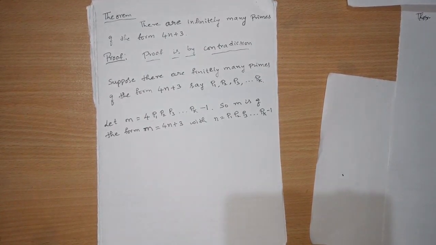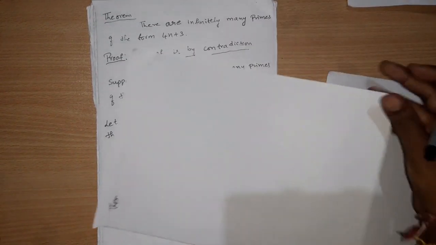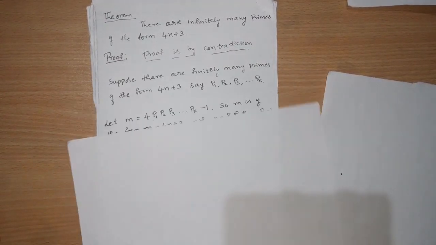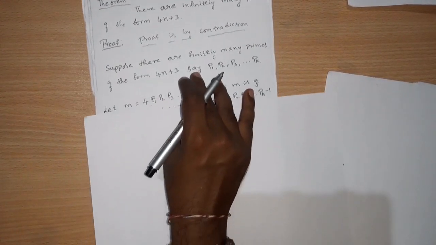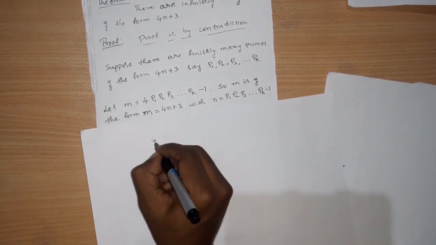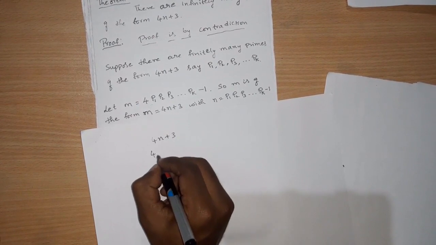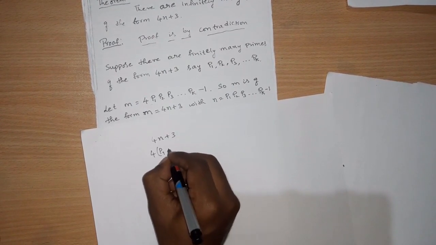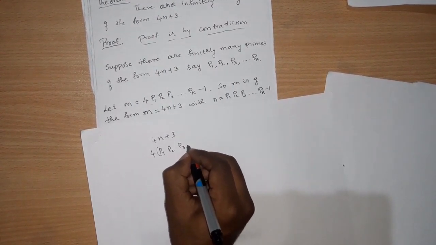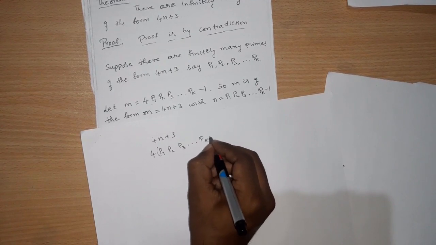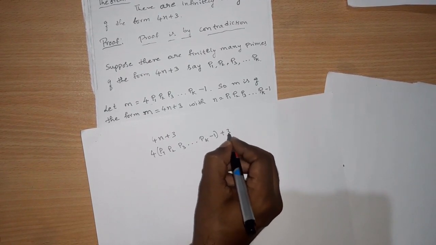So how will you get that one? Here, what is n I have taken? 4 times p1 p2 p3 so on pk minus 1, plus 3.